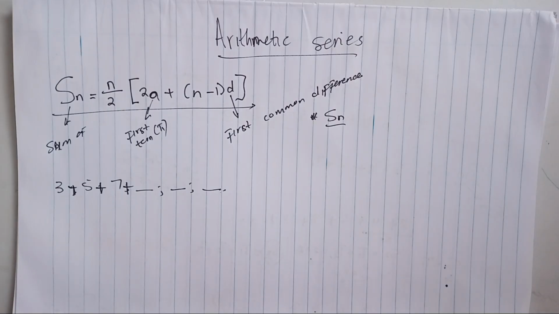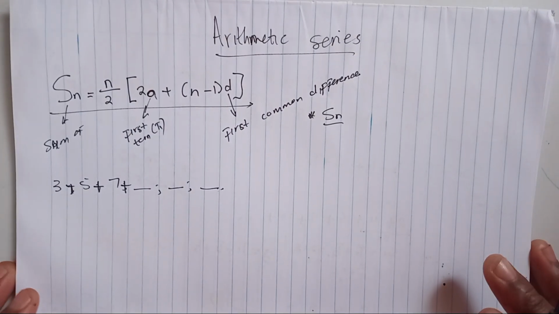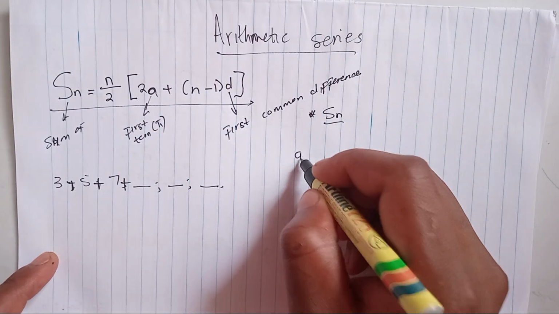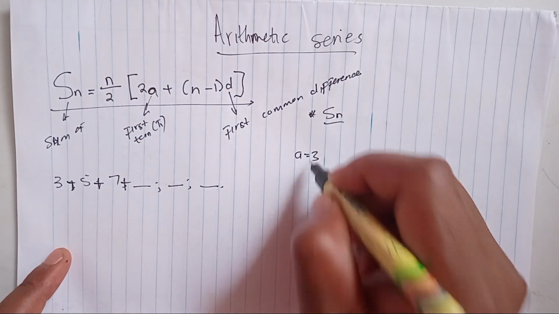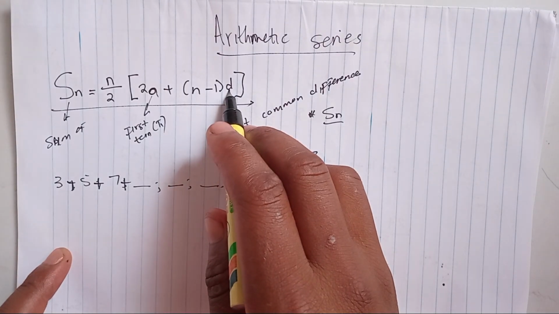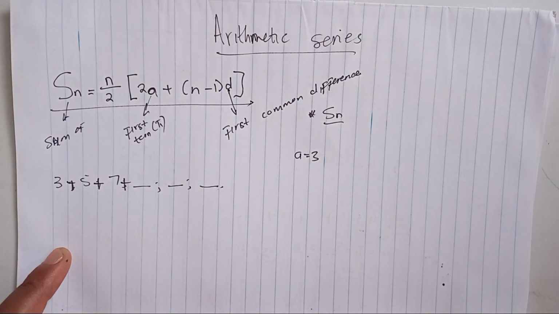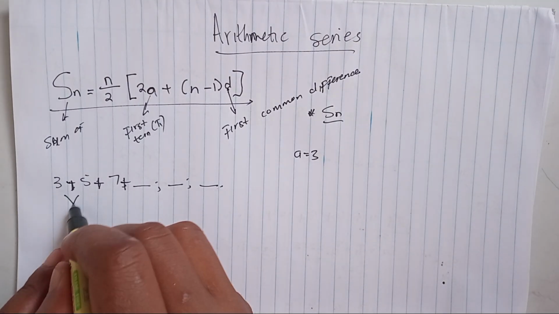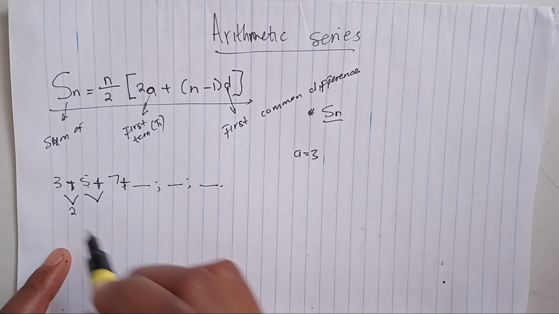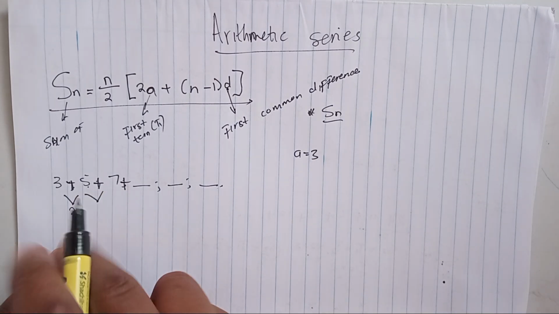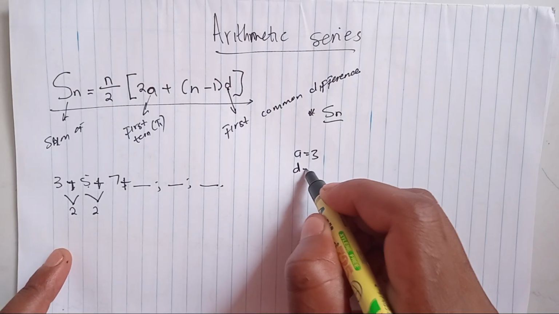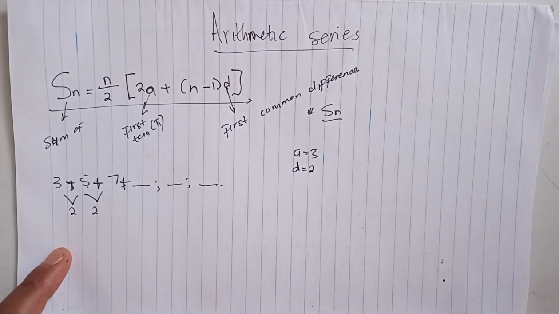What I'm going to do is use this formula. I already know that the value of a is equivalent to 3. What else do I need? I need the common difference. So let's find the common difference here. 5 minus 3 is equivalent to 2. 7 minus 5 is equivalent to 2. So our difference is going to be 2.